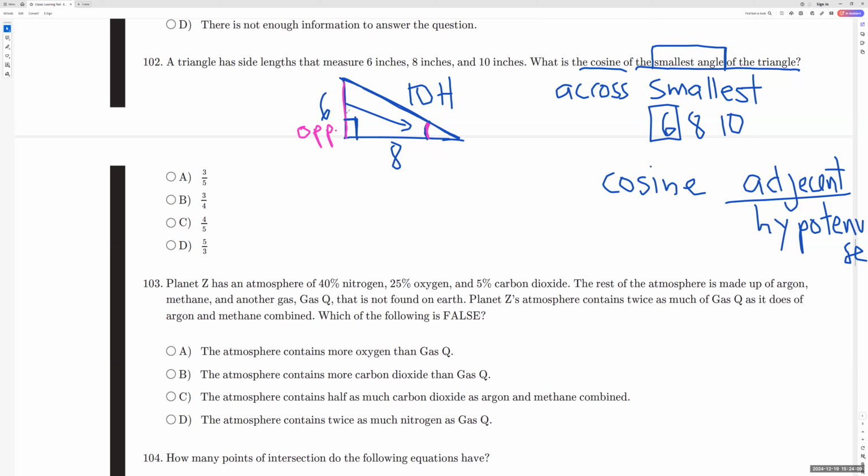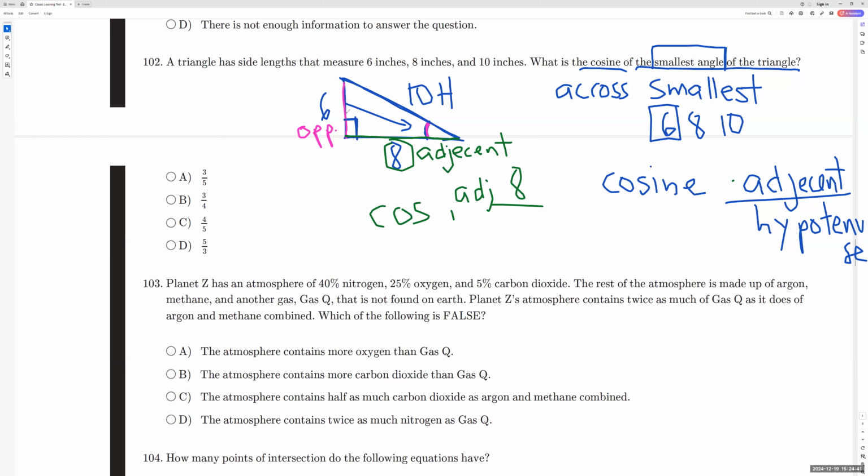All right. And so the side that is left, that makes half of that angle, is called the adjacent. So this is called the adjacent side. It's not opposite and it's not the hypotenuse. So adjacent over hypotenuse means 8 over 10. Adjacent over hypotenuse is the cosine.